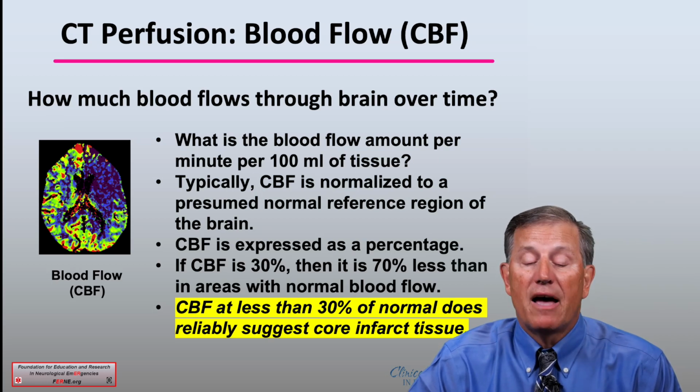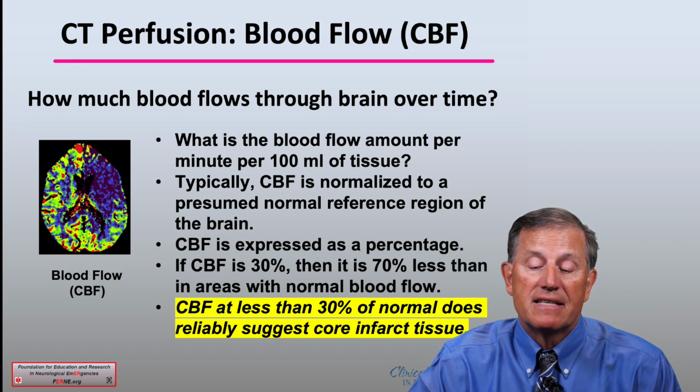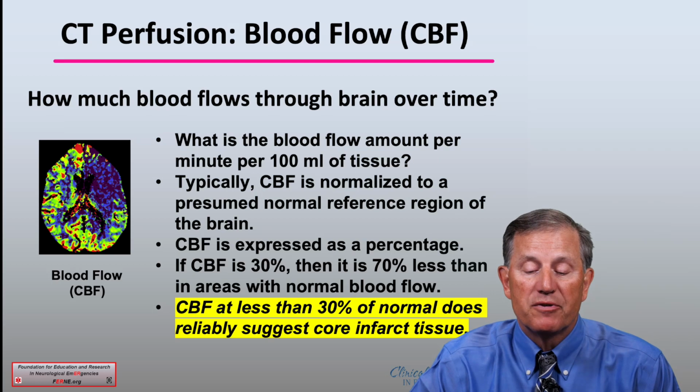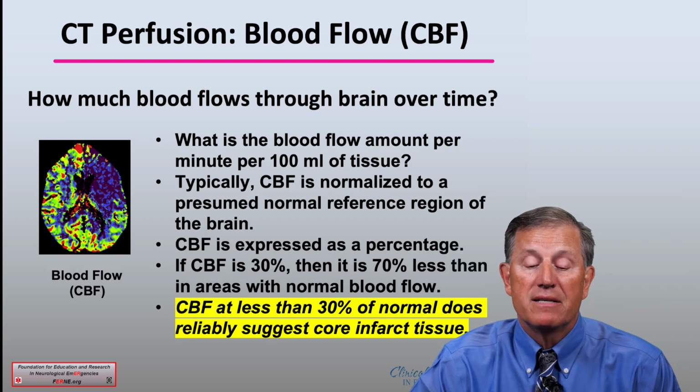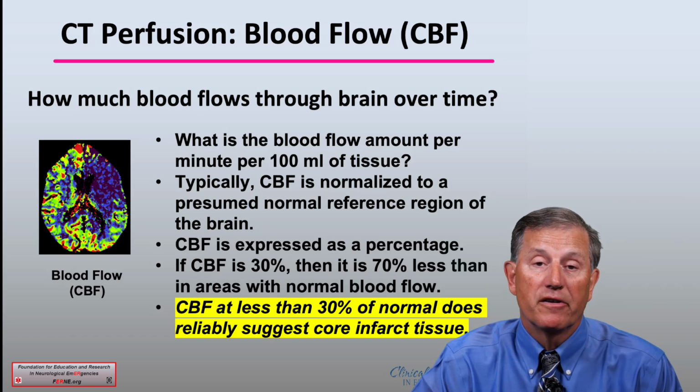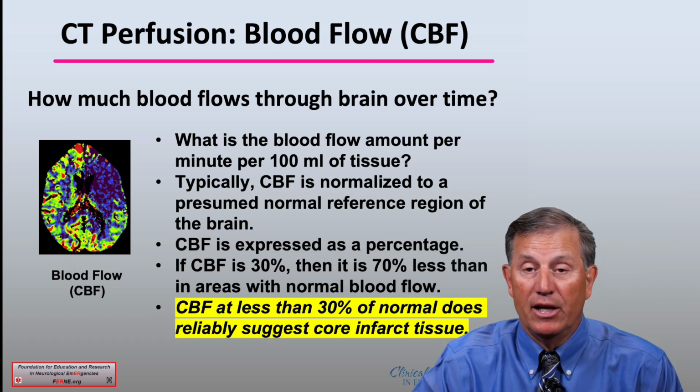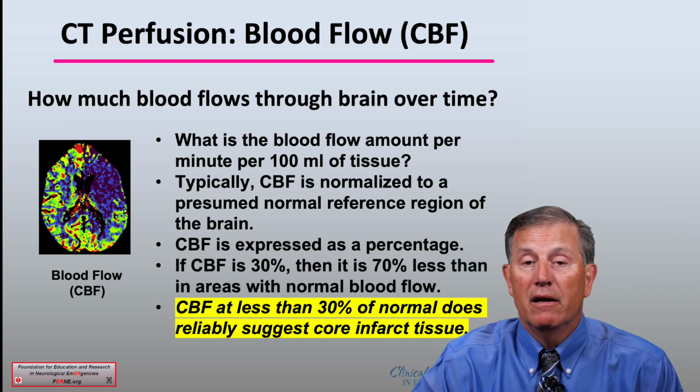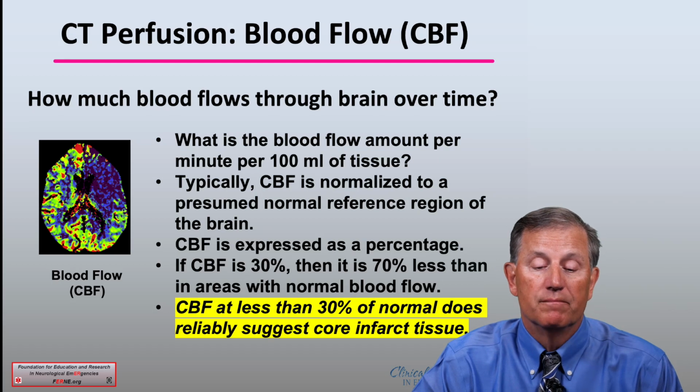So if the CBF is 30%, for example, in an infarct-related region, then it is 70% less than in areas with normal blood flow. And a cerebral blood flow at less than 30% of normal does reliably suggest a core infarct tissue area. You see on this scan, the heavy blue area would suggest a large core infarct because cerebral blood flow is dramatically diminished related to the presence of the clot in a cerebral vascular area.